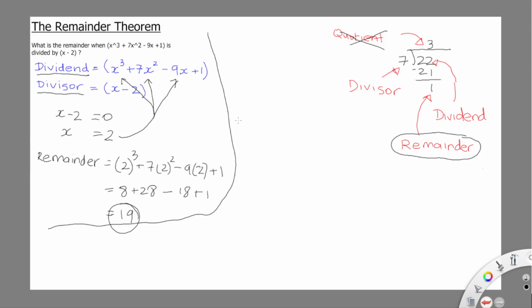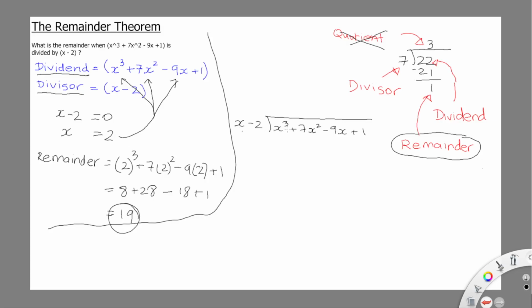We're going to divide x cubed plus 7x squared minus 9x plus 1 by x minus 2. I've got another video in which I've done a full description and a full example of polynomial long division. I will leave a link in the description below, so if you want to check that video out, but I'll do this one as well.